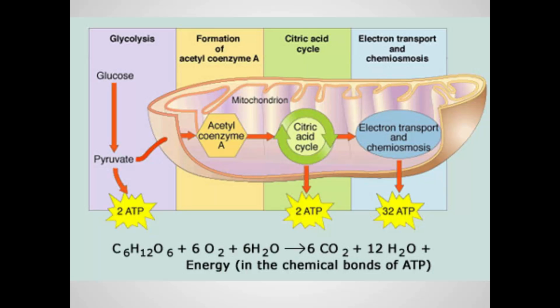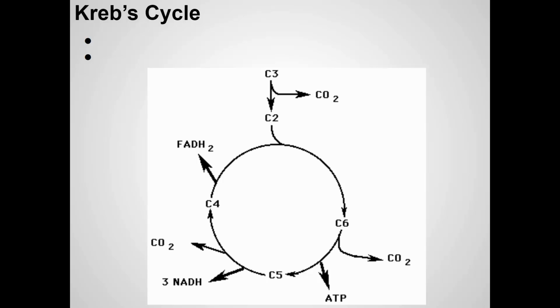Okay, so glycolysis, Krebs cycle or citric acid cycle, and on to the electron transport chain. So we look at where the ATP comes from. You get 2 from glycolysis, 2 from the Krebs cycle, and then 32 come from the electron transport chain. So let's look at the pieces individually.